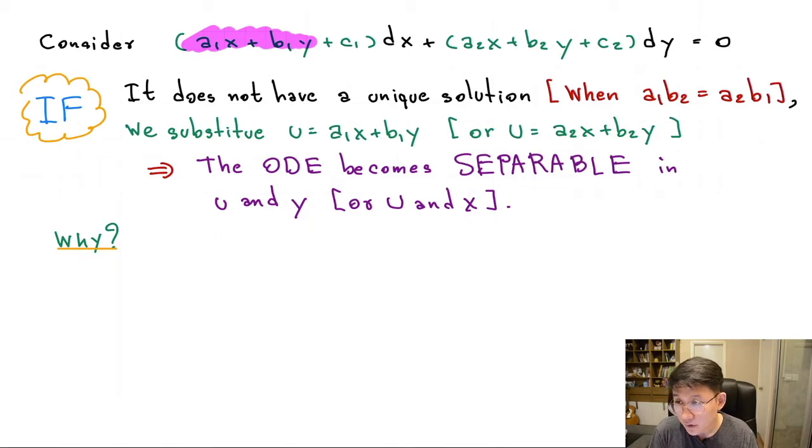So we need to get rid of x. Make sense? It becomes separable in u and y. It means that x disappears, right?